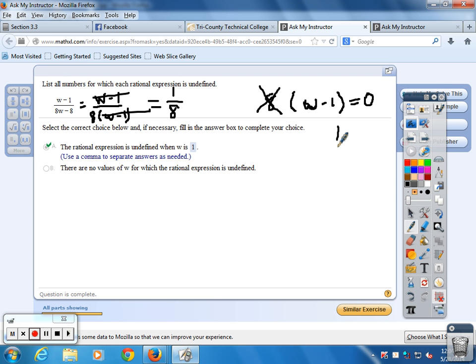What's the answer? 1. So I can use any number in this expression, but I cannot use the number 1. Because if I use the number 1, what's 8 times 1? What's 8 minus 8? The function blows up because it can't work with a 0 in the denominator. So you cannot use number 1. Capiche?